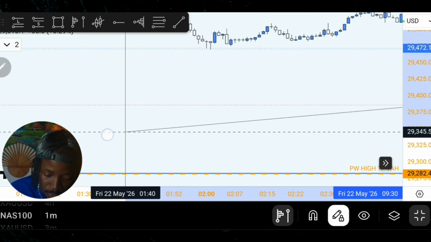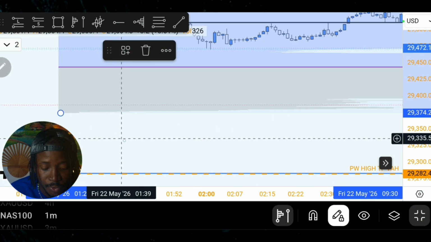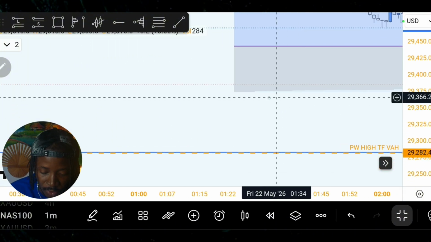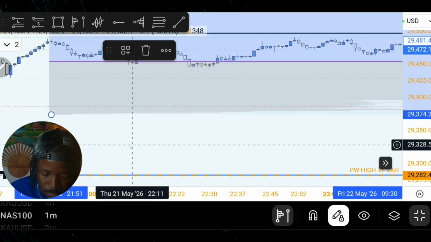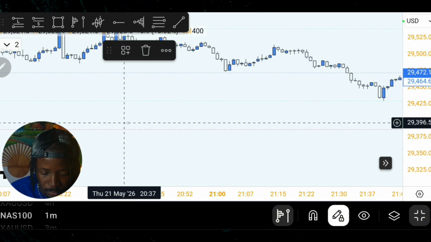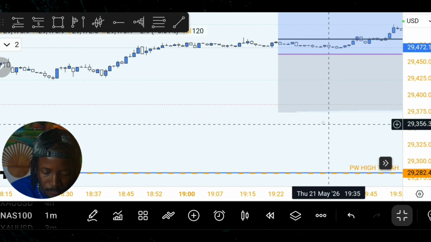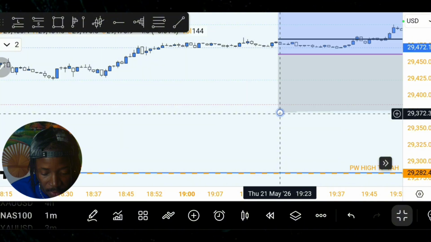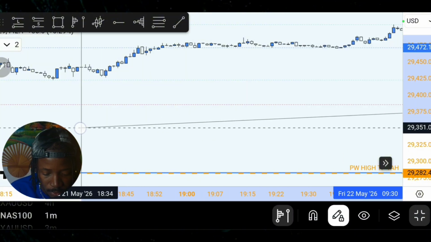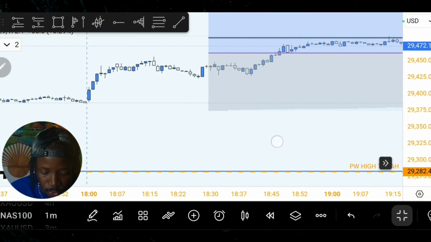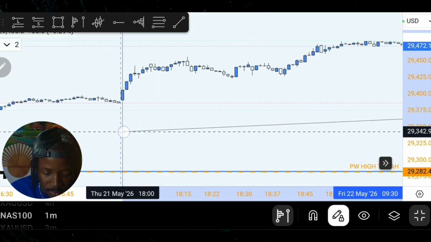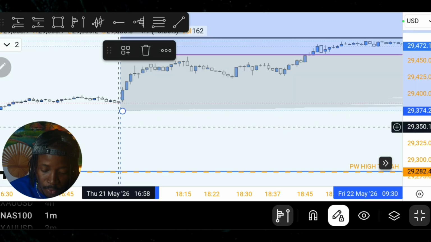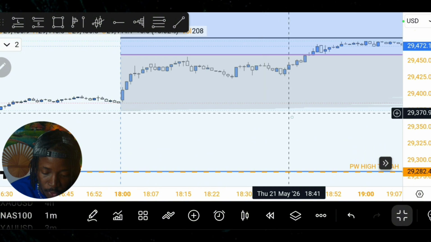So without wasting your time, I'm just going to go through and draw it out. We are almost there. Remember, we want to drag it to 1800, which is this part of our chart. So now we have it at 1800.